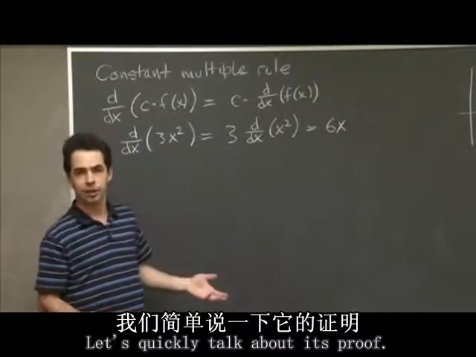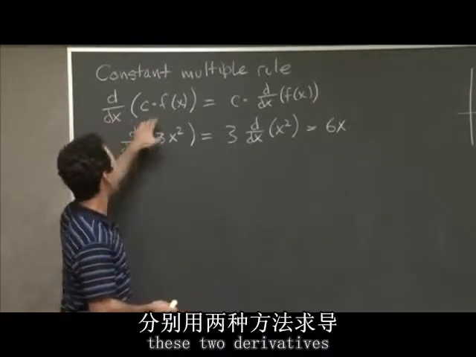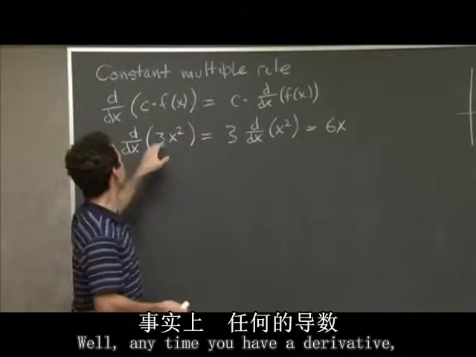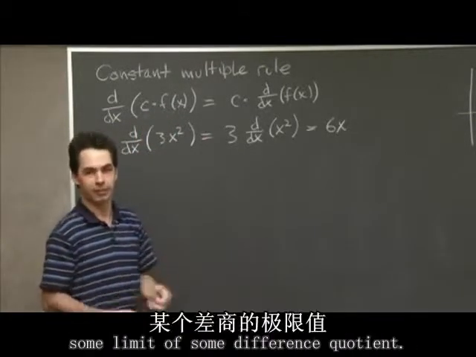Let's quickly talk about its proof. So the idea behind the proof is you have these two derivatives and you want to show that they're equal. Well, anytime you have a derivative, what it really means is it's the value of some limit of some difference quotient.